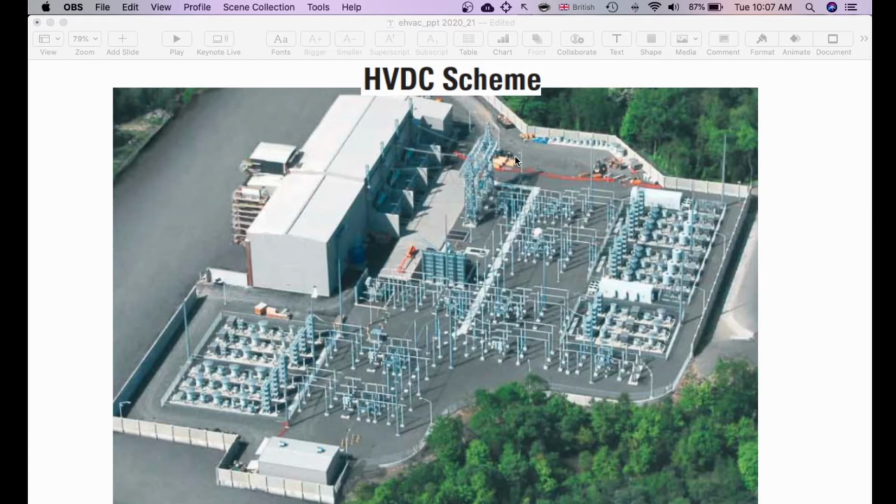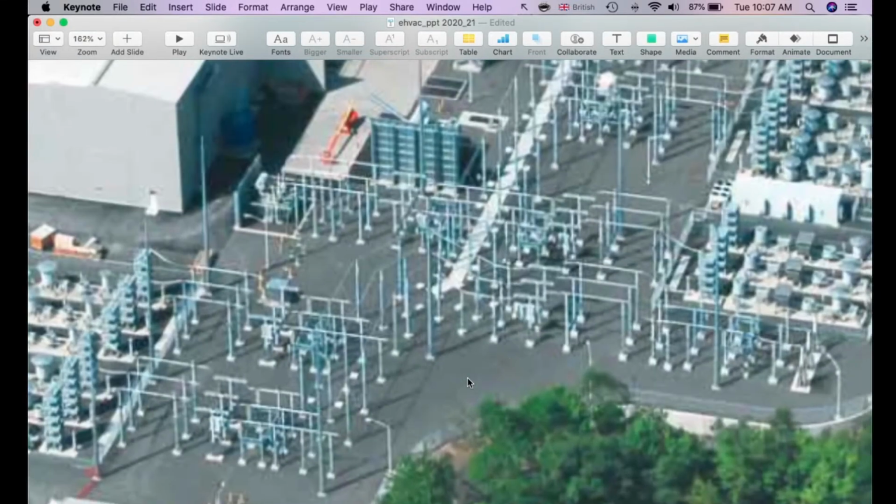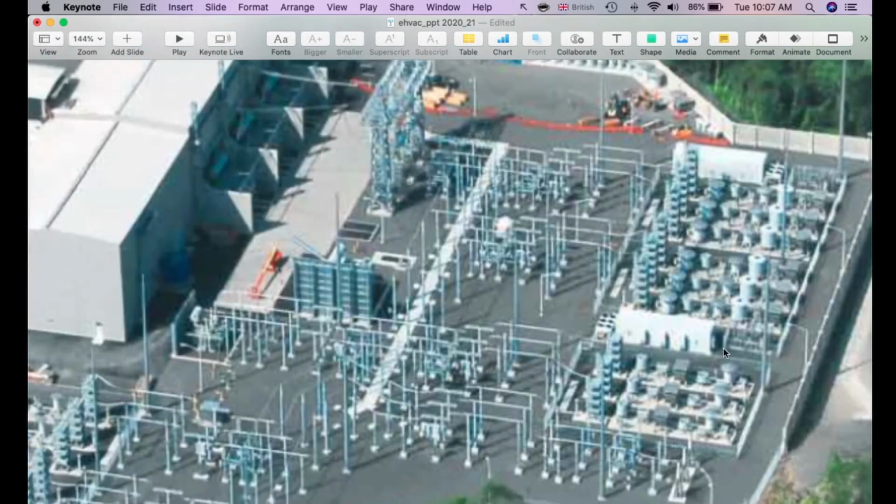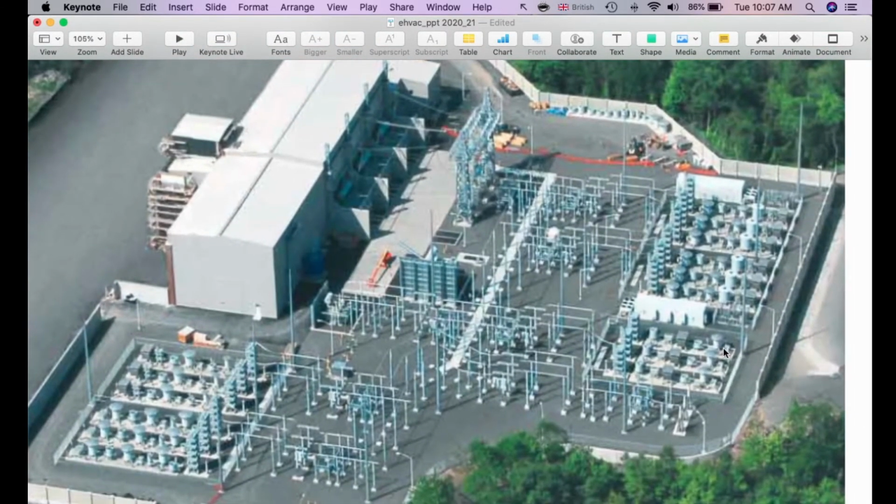Next, let me just zoom on to this particular area. You can see major portion is covered by a switching yard. Similarly on this side, and similarly on the left hand side here, all these are basically filter yards, filter circuits.